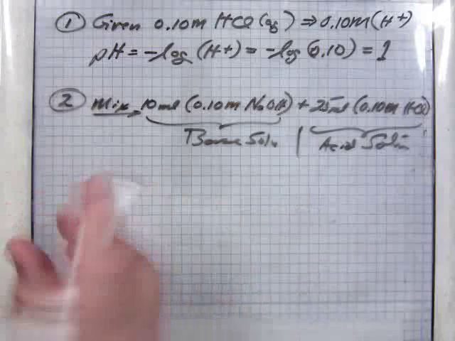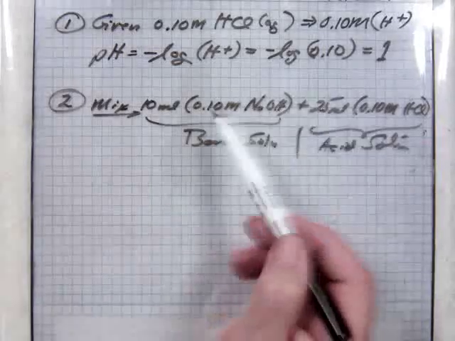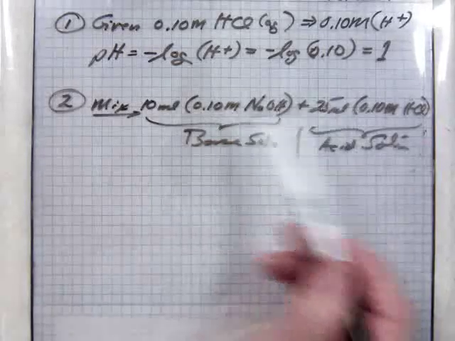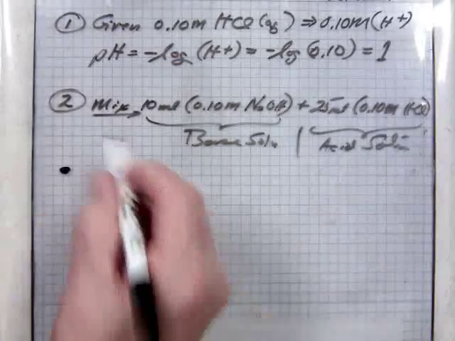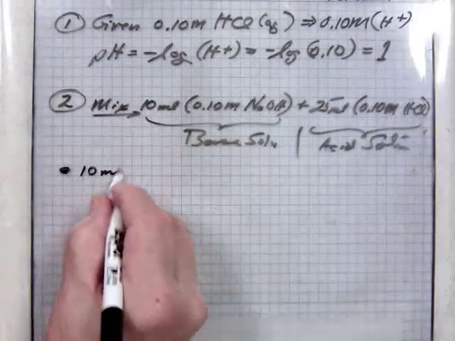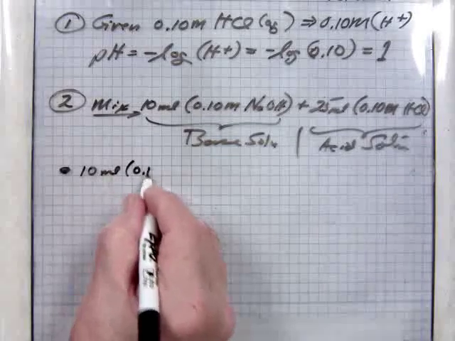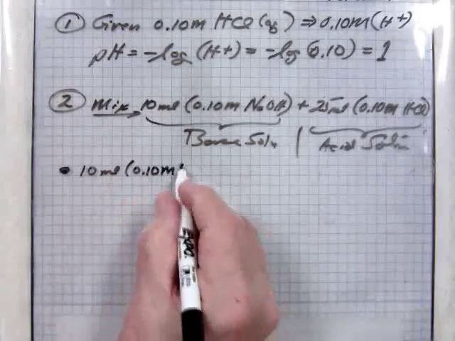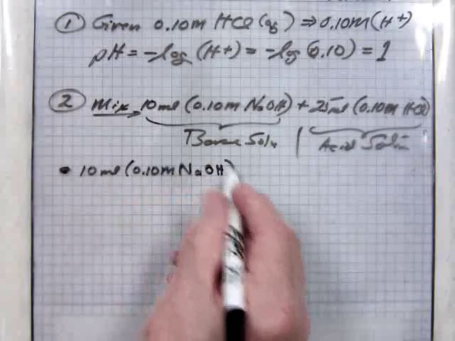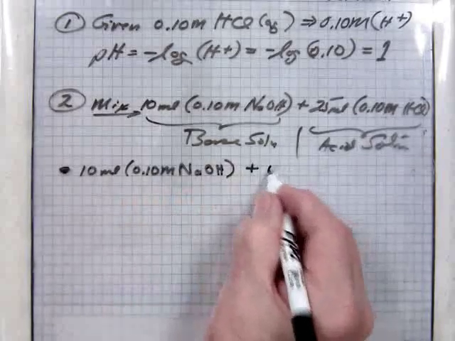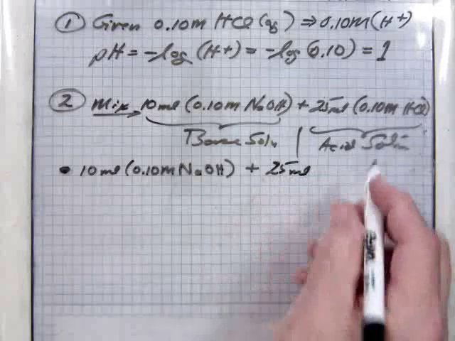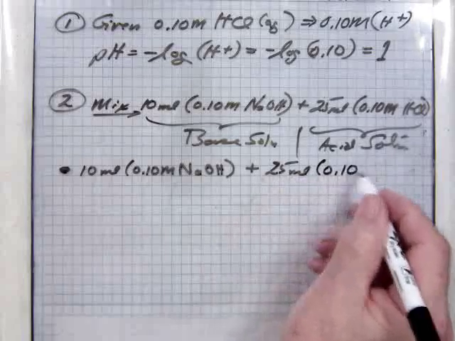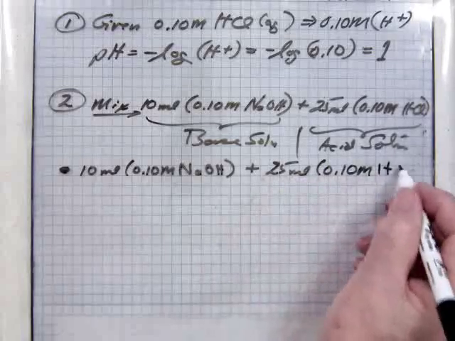So, in setting one up like this, if you're reacting portions, this is a limiting reagent, set it up like this. So your first setup would be 10 milliliters of 0.10 molar sodium hydroxide plus 25 milliliters of 0.10 molar HCl.